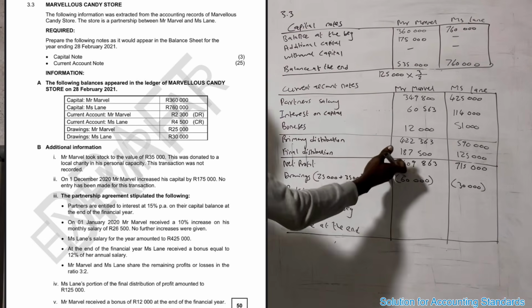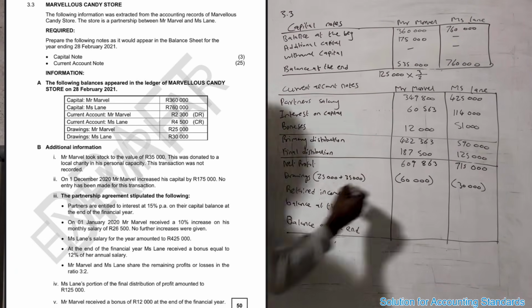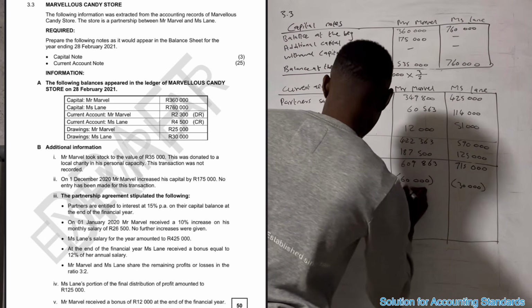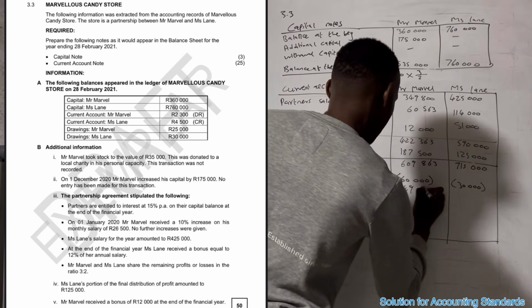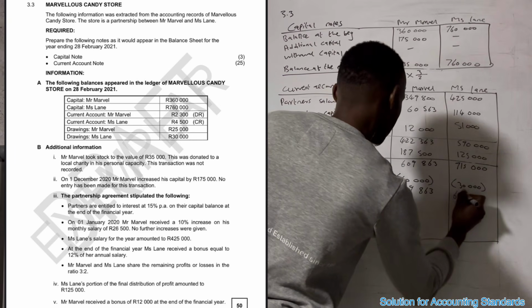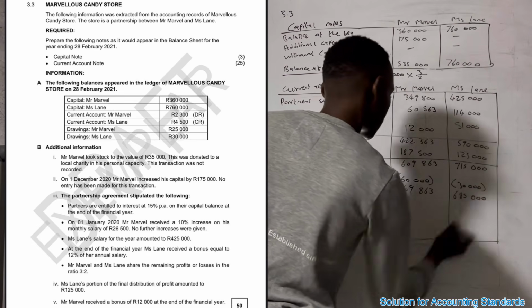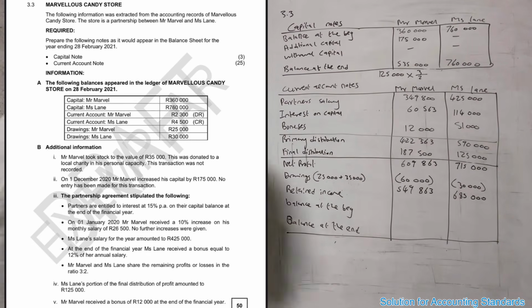You just take this minus this minus this, and you're going to get 549,863. 685,000. Okay, balance at the beginning, they are given.